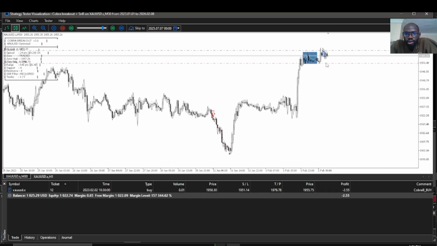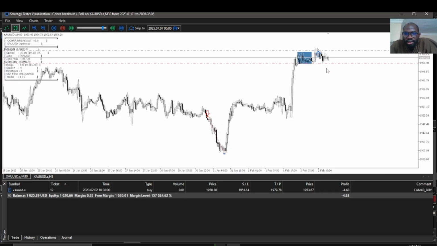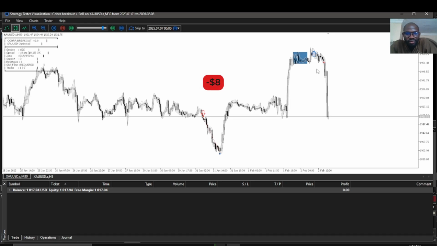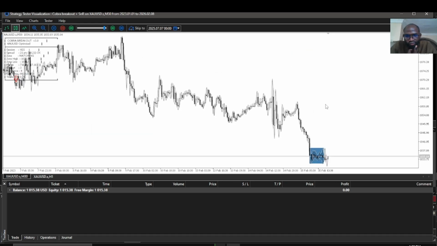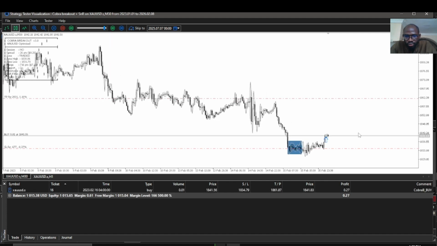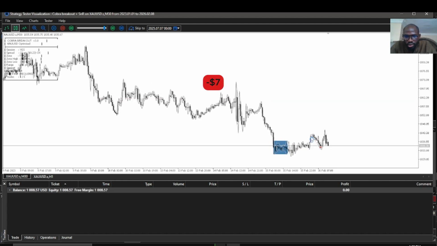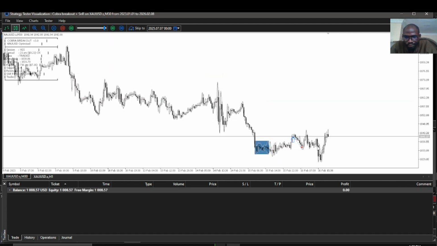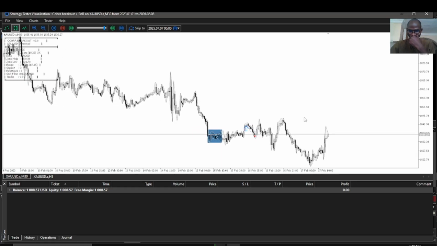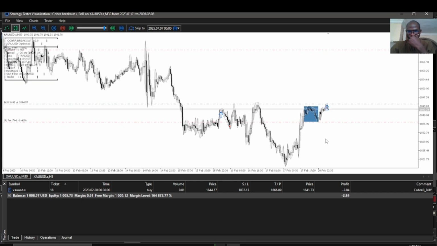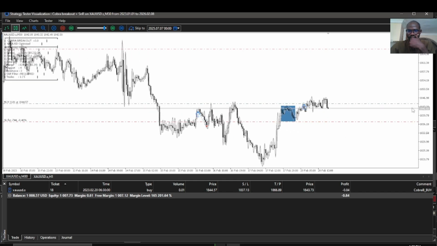Good. Let's see. We might hit a stop loss here. Nice. We've hit a stop loss here. Okay, that's a loss also. Alright, so we've taken a buy here.